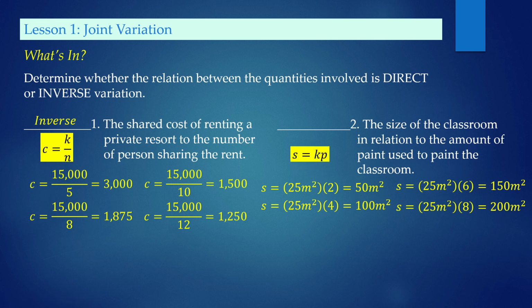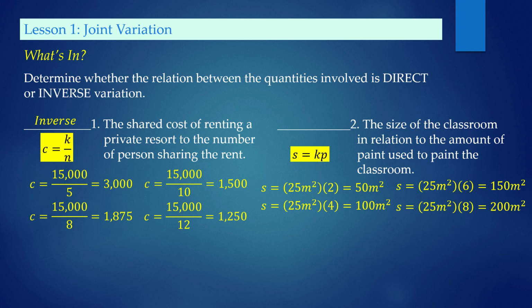So this is represented by the equation S is equal to KP. S stands for the size of the classroom. K stands for the constant of variation, which is the minimum size of a classroom, 25 square meters. The basis for 25 square meters is a room in a condo unit, which is exactly 25 square meters.